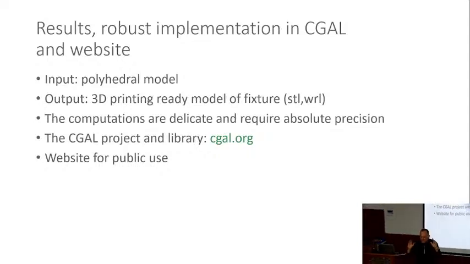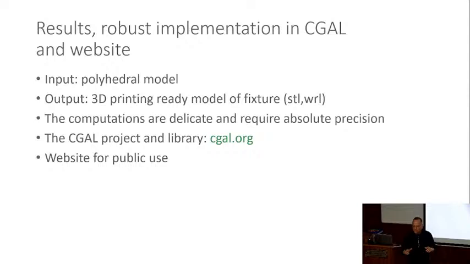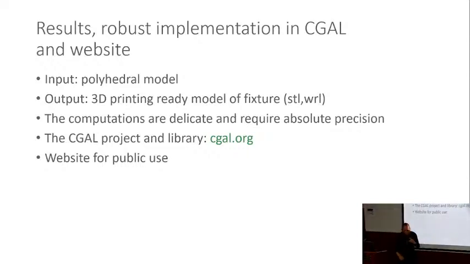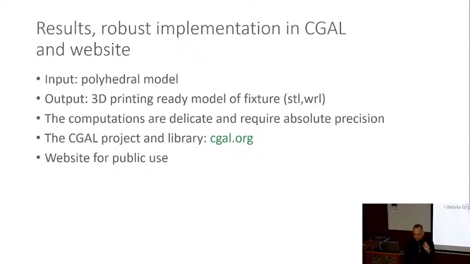Now, it's going to be so practical that I want to talk a little about software. We have a software, and you can send us or use the software. You give us your workpiece, and we'll give you the instructions for your 3D printers of the fixture for the workpiece. I want to say that this type of programming is very delicate because you compute some arrangements and the answers you are looking for may lie on singular points of the arrangements.